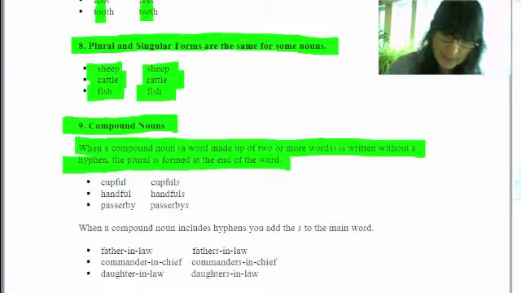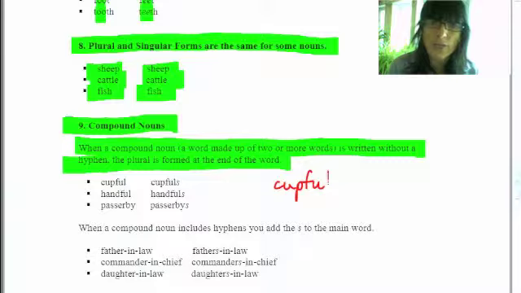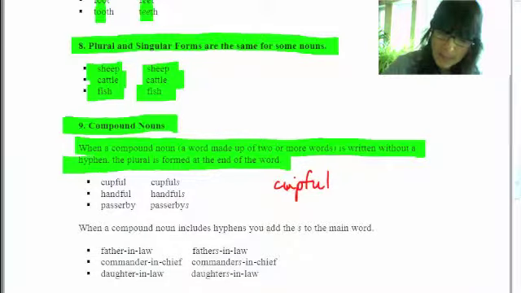Let me explain. For example, the word cupful, like you're cooking or baking something and you have to have 2 cupfuls of flour. That's called a compound word because it's made up of 2 words, cup and full. So a compound noun is 2 words in one.